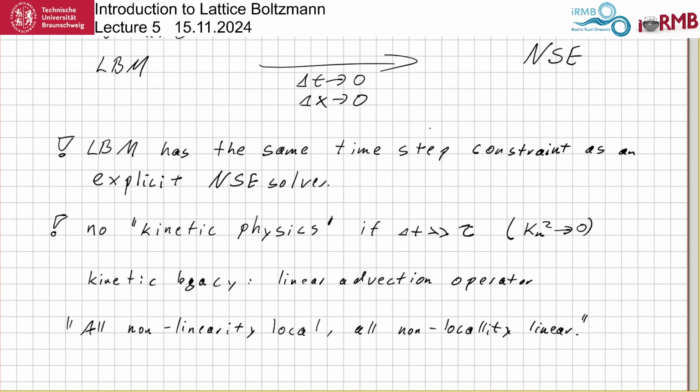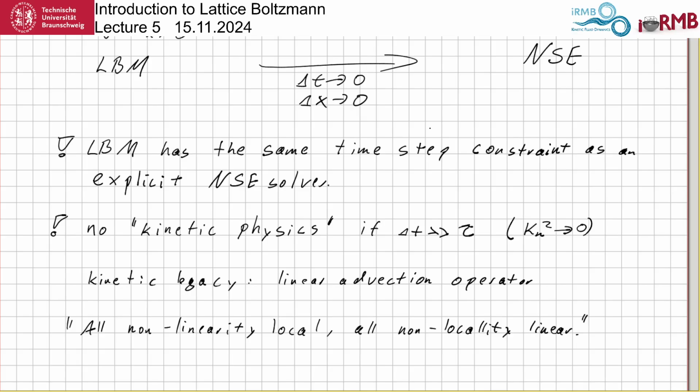In the Boltzmann equation and in the lattice Boltzmann equation, this is why it's the kinetic legacy, the collision, which corresponds to the diffusion, is nonlinear, whereas the advection is linear.